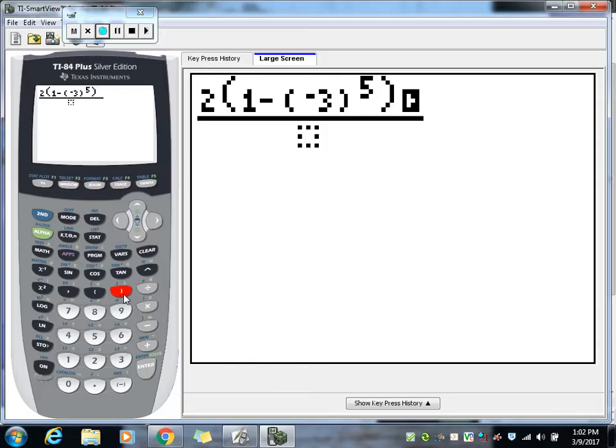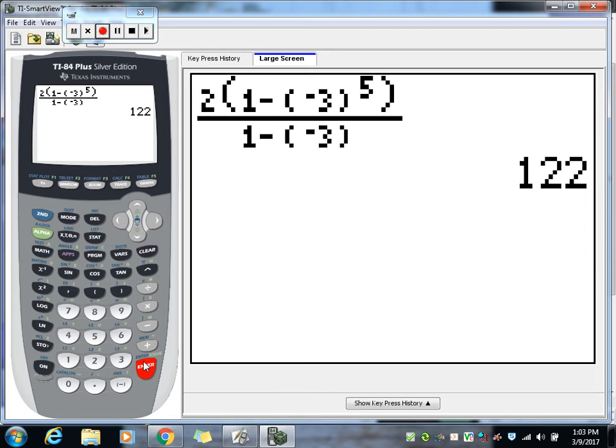That's our top. And it was over what? 1 minus negative 3. Oh, my negative didn't hit. Negative 3. There we go. So then enter, what do we get? 122.